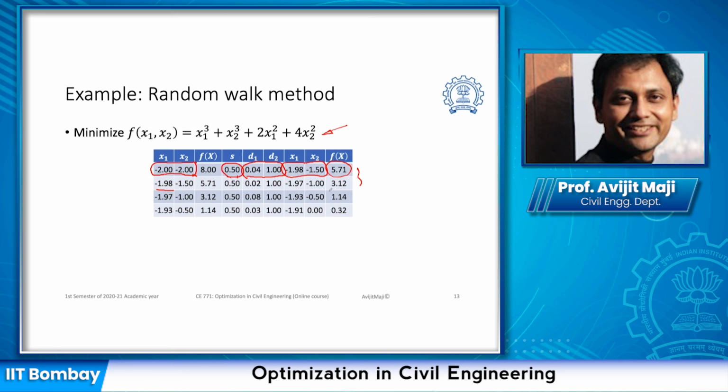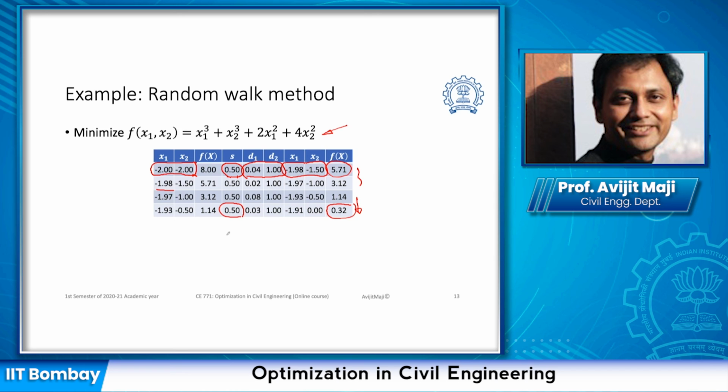Now in this case we found that the objective function value improved, so we choose this point as the better point. We move to the next iteration and this process continues until we reach a point where the objective function is 0.32 and our step size is still 0.5, and beyond this point we found that no further improvement can be achieved.